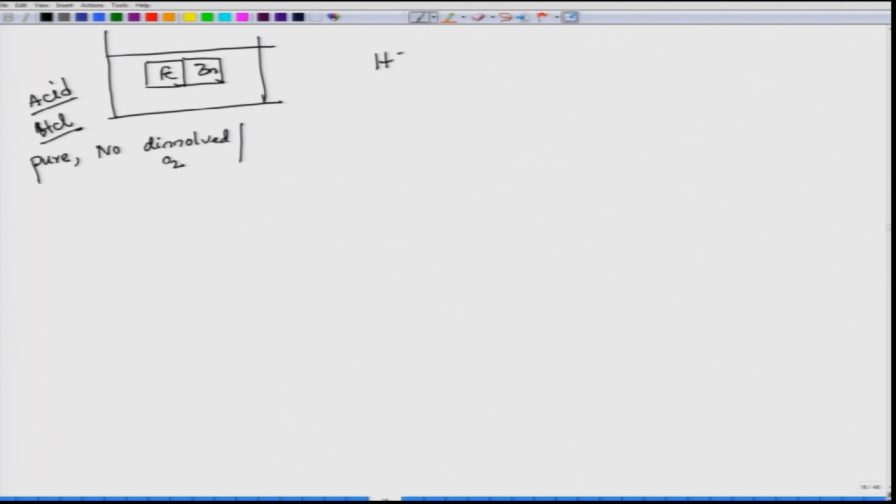So, this reduction reaction would take place, and two oxidation reactions, Fe and zinc, these two oxidation reactions.